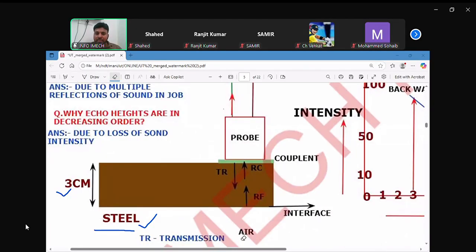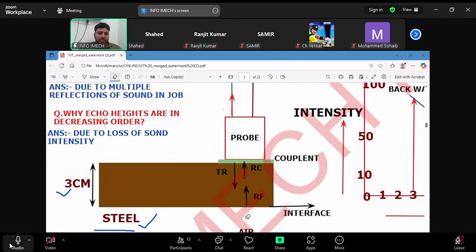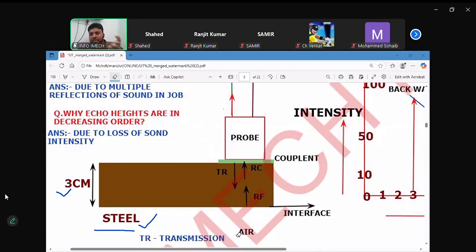What is there? Air is there. Air is a different medium. Steel density is different, air density is different. The medium changes after 3. So wherever the medium changes, that surface will become an interface.